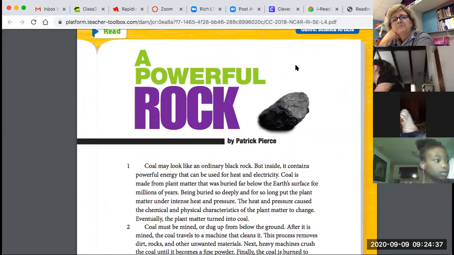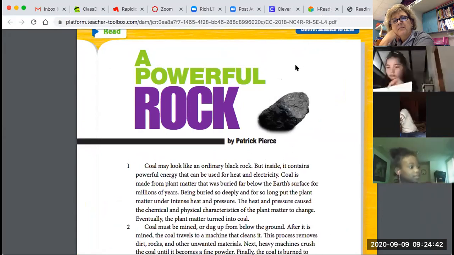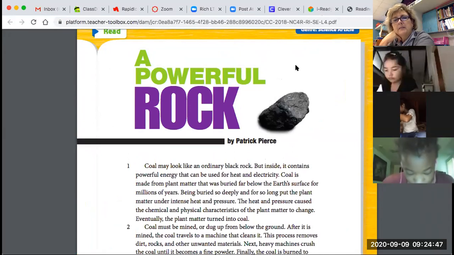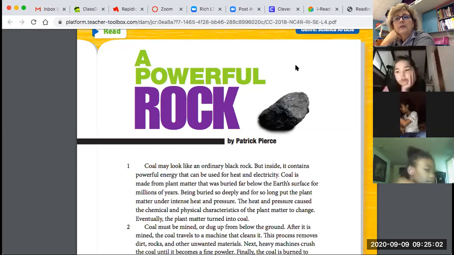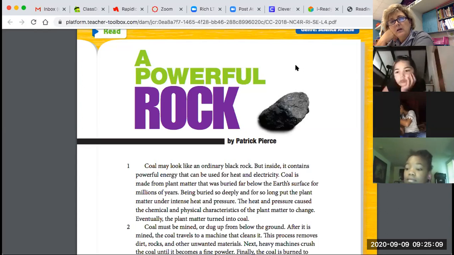Hi, Sakaria. All right, do you have your packet and it says A Powerful Rock? Okay. This is a scientific type of evidence. This is evidence from science that's explaining to us why and how something in nature occurs, because science is about nature, right?